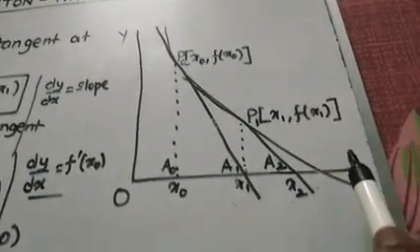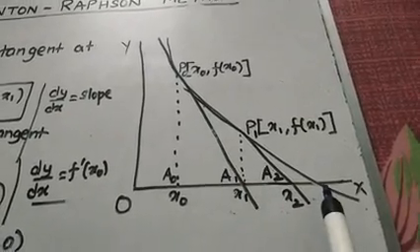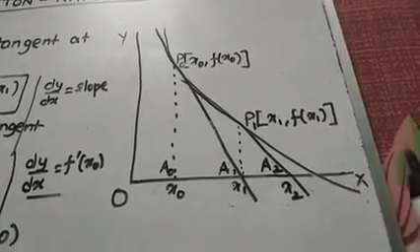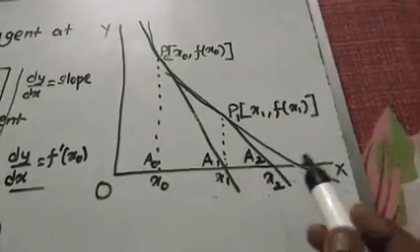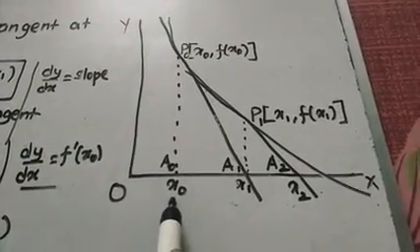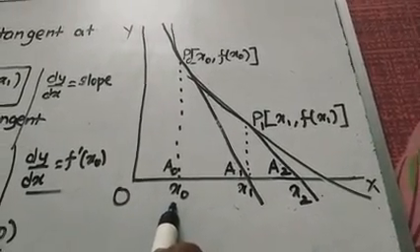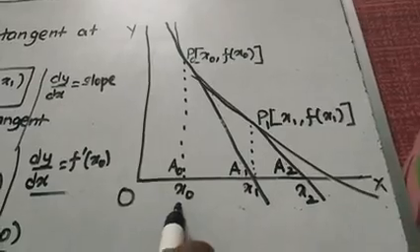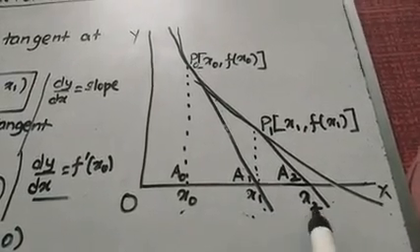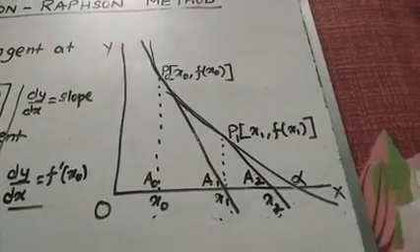And again we will draw another tangent which cuts the x-axis at the point a3, and in the same way we proceed. So what we can see here is that from this particular point x0 we have started our iteration method, and in 2 steps, x1 and x2, we have reached very close to our desired root.